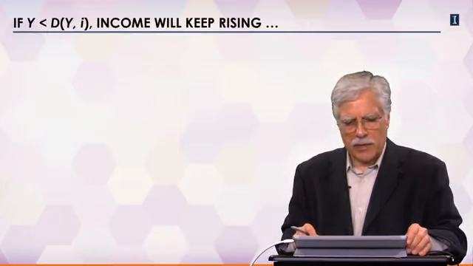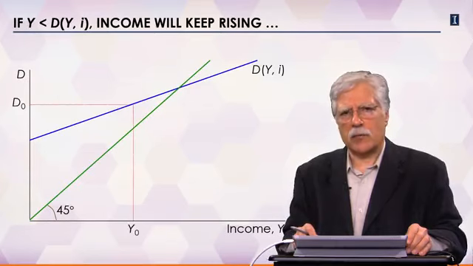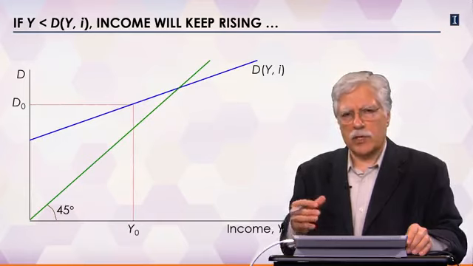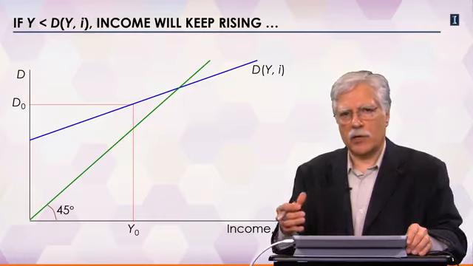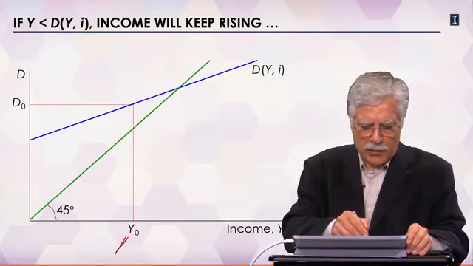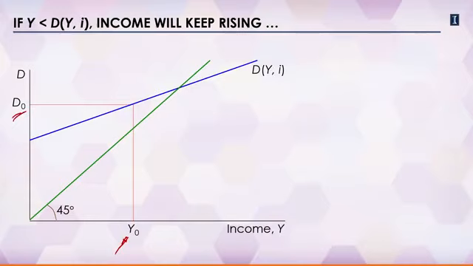Let's see what happens if this is not the case. For example, let's suppose that income is at Y0 and we want to know what forces are going to be changing the economy. What forces are going to be changing the level of income or aggregate expenditure? Why can't we be at equilibrium at Y0? At D0, the total expenditure in the economy is more than the income generated.